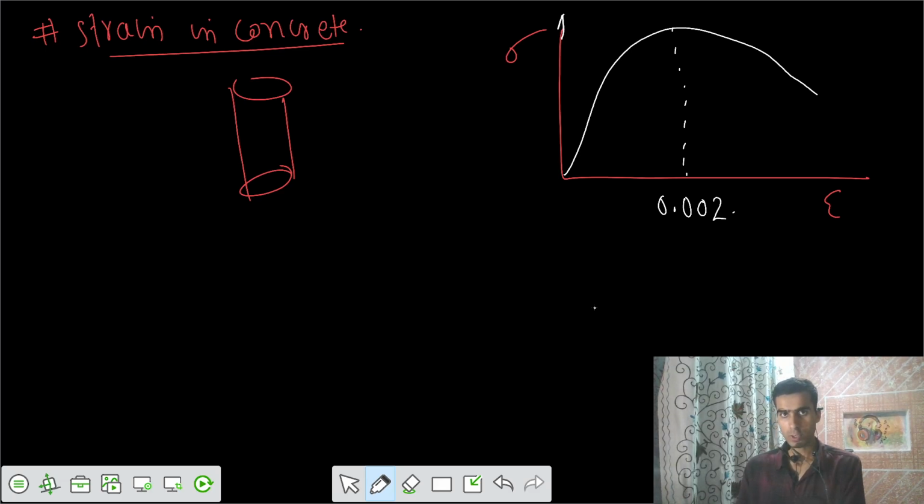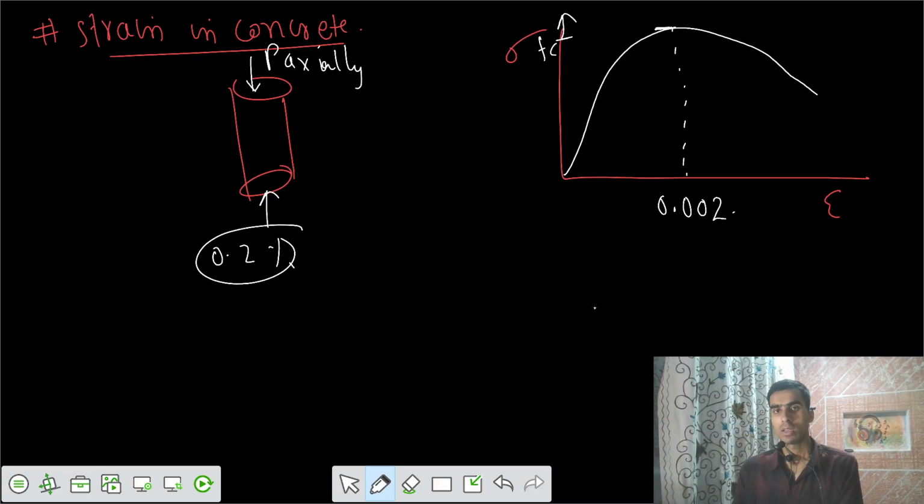Corresponding to that, we have some compressive strength of fc. If the concrete cylindrical specimen is loaded, we say that the ultimate or compressive strength is achieved at 0.2% strain. That we already know. At this strain, the ultimate strength has been achieved for the concrete.